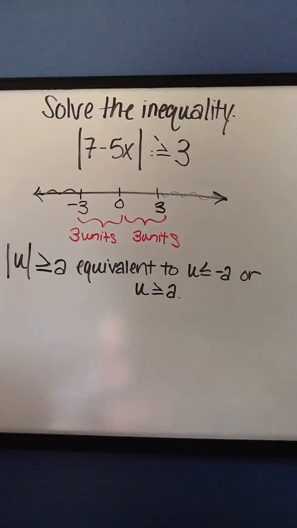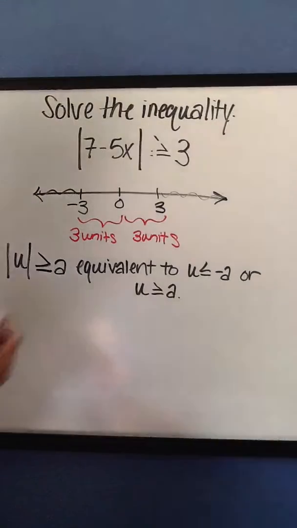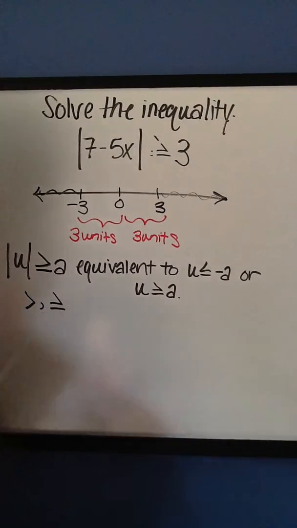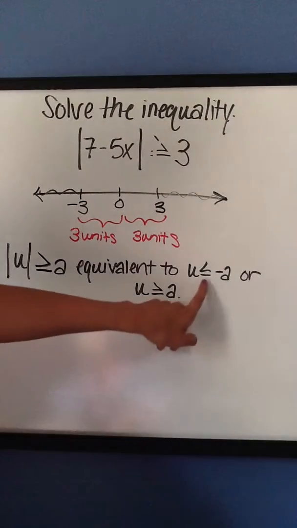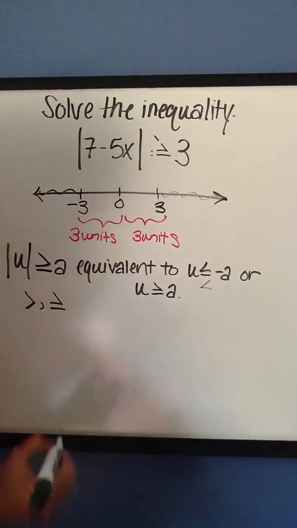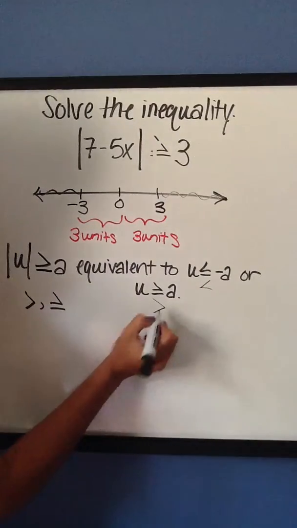This works with any greater than symbol, whether it be greater than or greater than or equal to. All you would do is simply this: instead of being a less than or equal to, this would just be a less than sign, and this would just be a greater than sign.